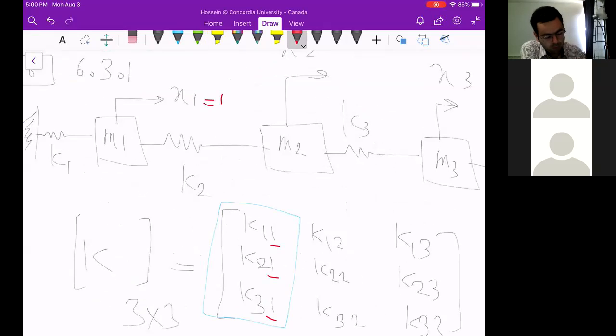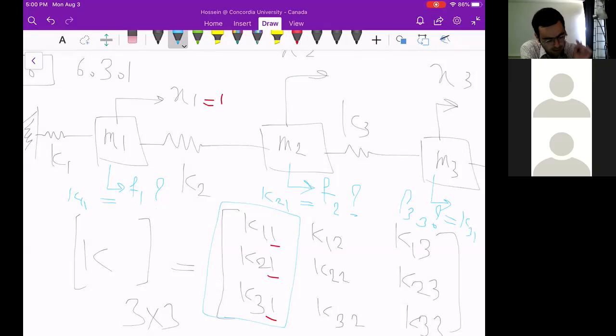So what would be the resultant force F1? What would be resultant force F2? So it is going to be K11, K21, K31.